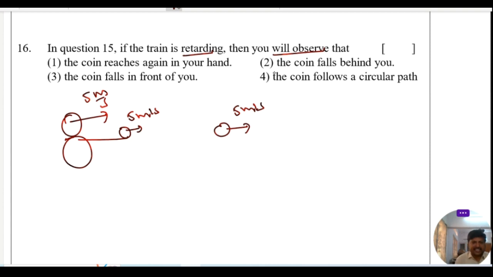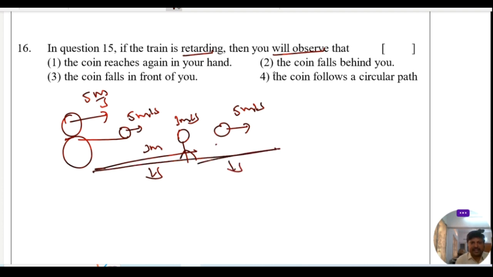But this time the train is retarding, so the speed of the train is 3 meters per second. That means in 1 second it covers only 3 meters, but in 1 second the coin covers 5 meters. So this time the coin falls in front of the passenger. So option 3 is the right answer.